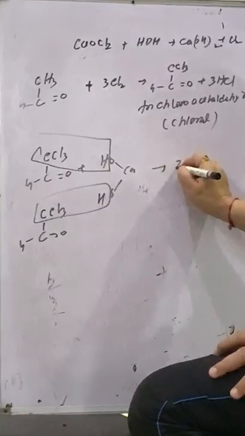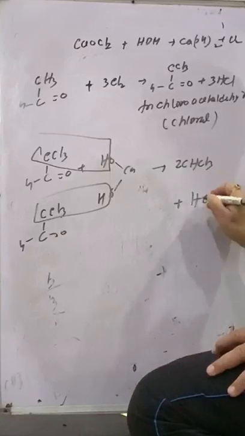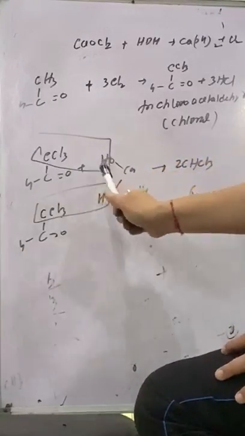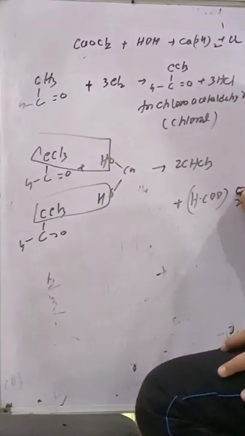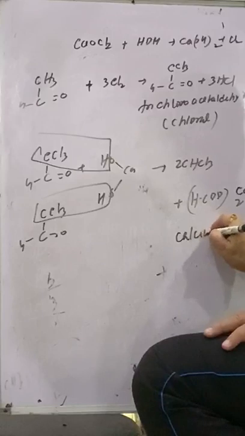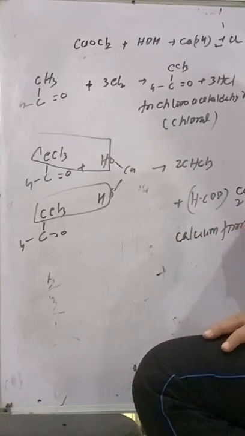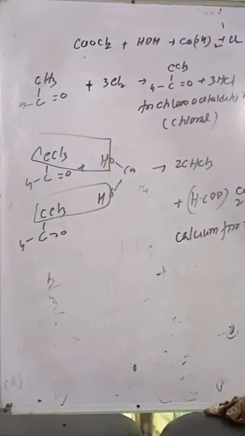That means this gives 2 CHCl3 plus (HCOO)2Ca. This is called calcium formate. This is another method of preparation of chloroform.